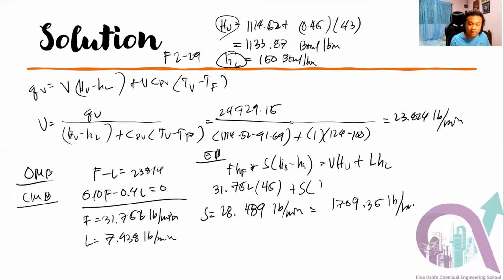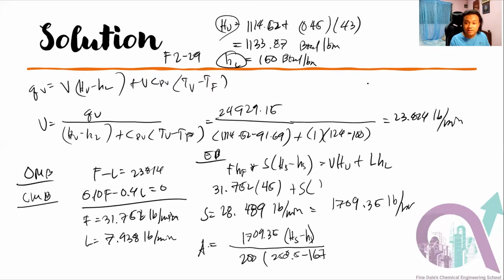pounds per hour. Okay, and then you can get the area, right? So 1709.35, times this, HS minus HS, then you have a 200 here, then 258.5 minus 167.